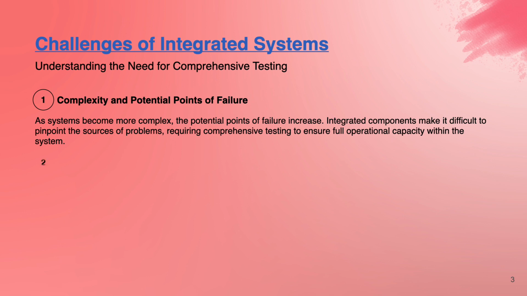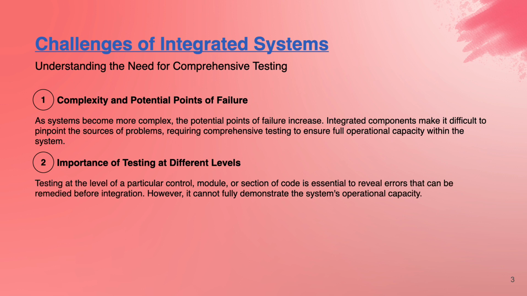Right? Next, the importance of testing at different levels. Friends, imagine that you are building a strong and secure fortress to protect valuable treasures, and testing at different levels means checking the strength and security of each part of the fortress separately, like testing the walls, the gates and the guards, right?